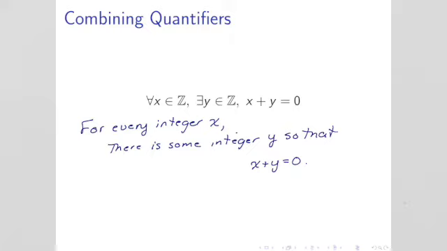So this is saying if you give me any integer at all, x, I will be able to find some y so that x plus y is 0. I claim that this is true. So if you were to give me x equals 2, I would choose y equals negative 2.